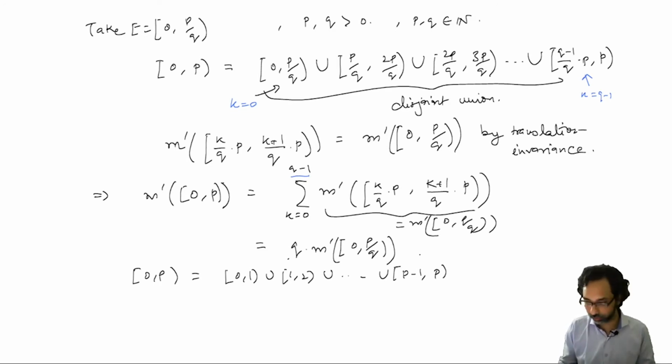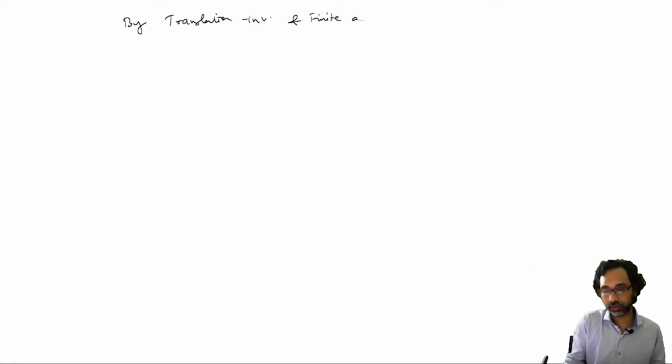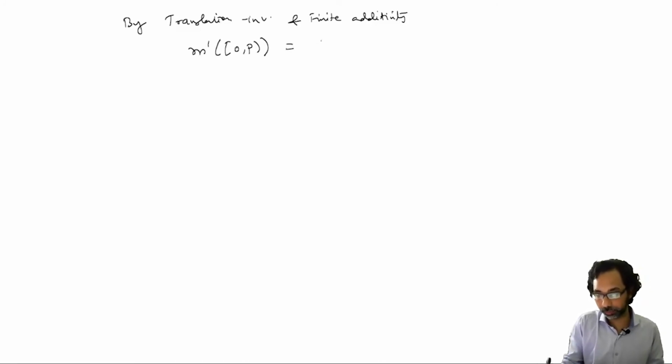So this is again a disjoint union, and so if you use translation invariance and finite additivity, you will get that m prime of 0 to p is now p times m prime of 0 to 1.